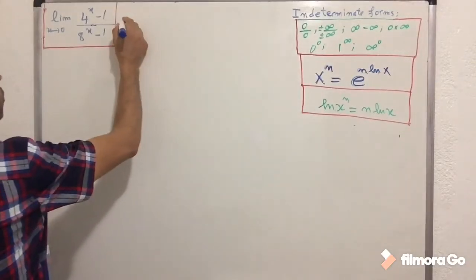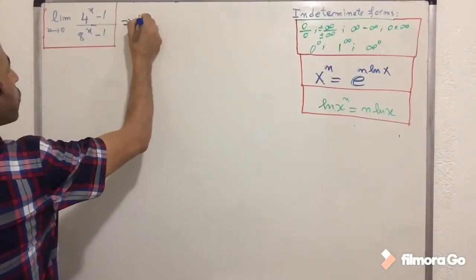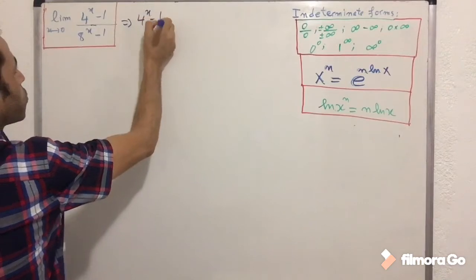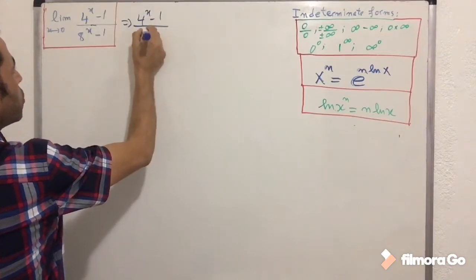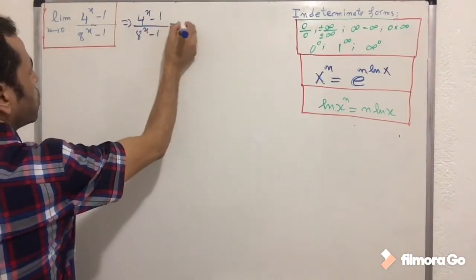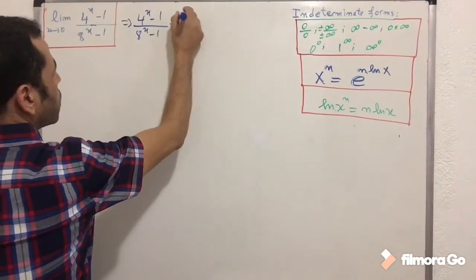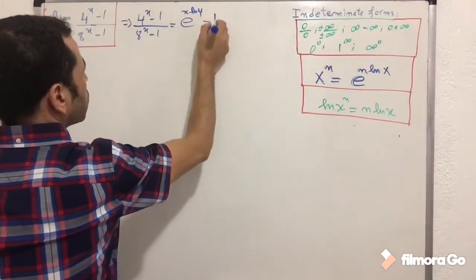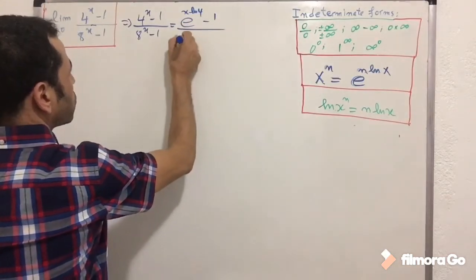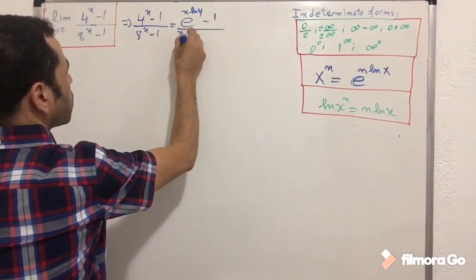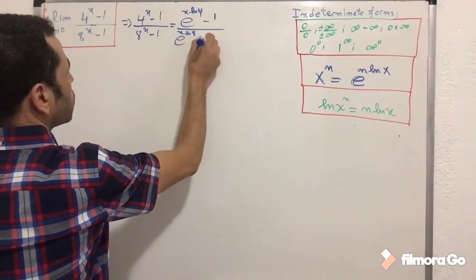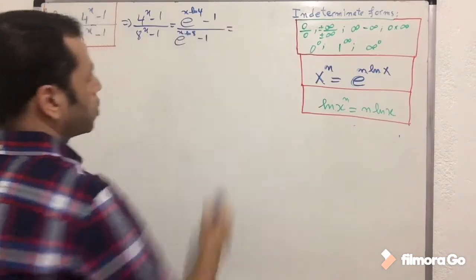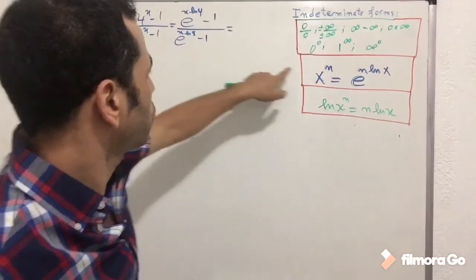So let's start. 4^x − 1 over 8^x − 1 equals exponential of x natural log 4, minus 1, over exponential of x natural log 8, minus 1. I want you to follow with me here.